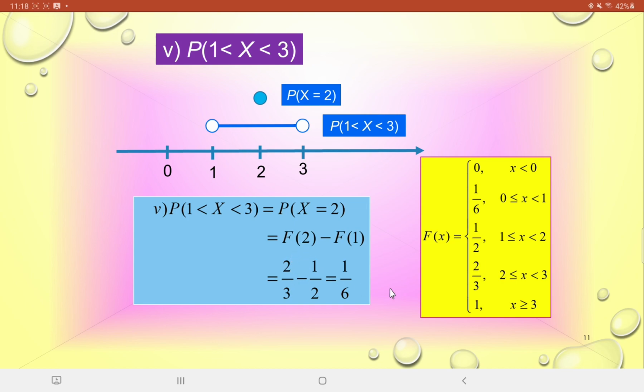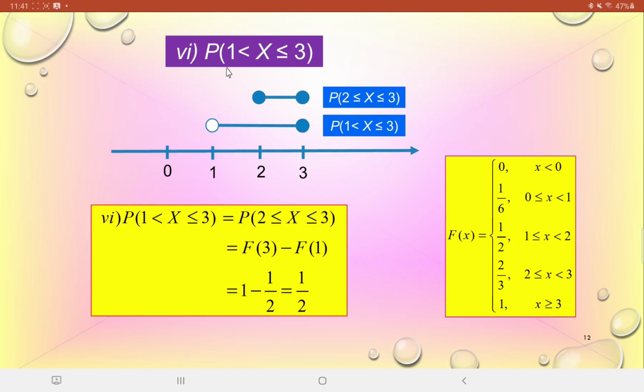F(2) is equal to 2 over 3. F(1) is equal to 1 over 2. So, we get 2 over 3 minus 1 over 2. And the answer for probability x more than 1 and less than 3 is 1 over 6.